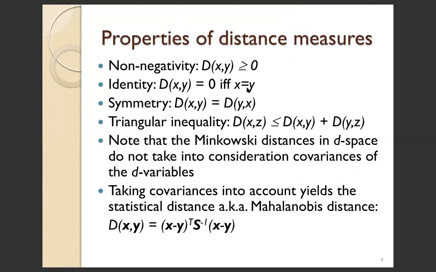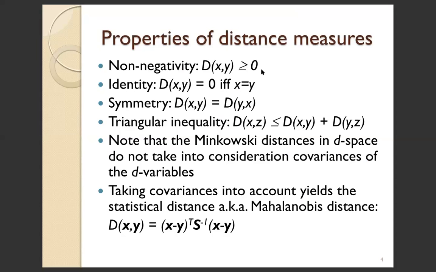Right, okay, so distance measures usually satisfy a few properties. First, they have to be non-negative. The minimum is 0, which means there's no difference between two points.